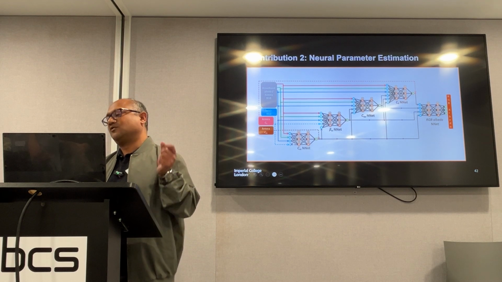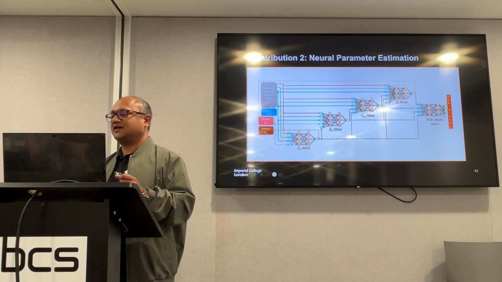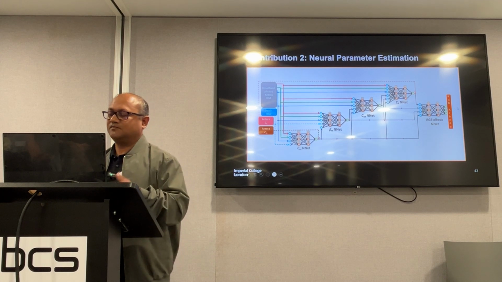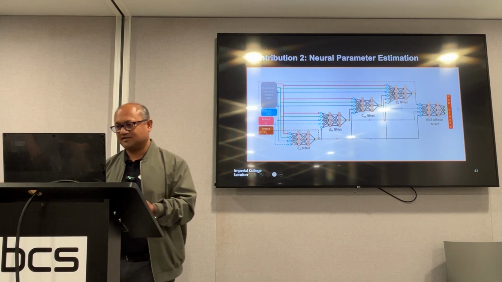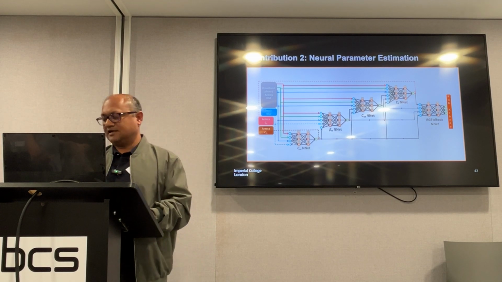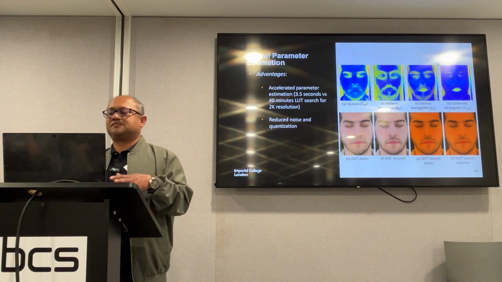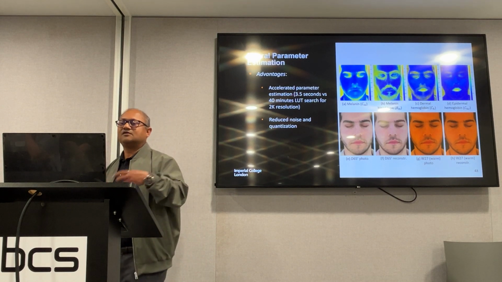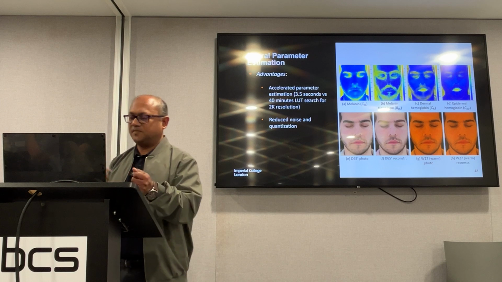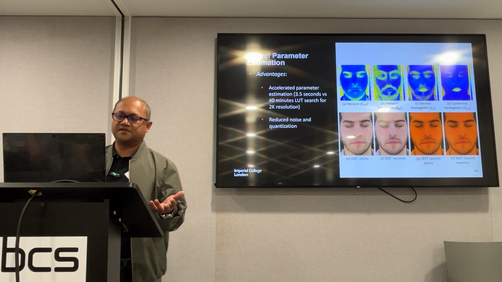And then this goes through another fully connected network to finally produce the input RGB albedo that we want this to predict. So this whole system is jointly trained, and it achieves much faster reconstruction of the parameters and then the full color reconstructions than would be possible with lookup table search.